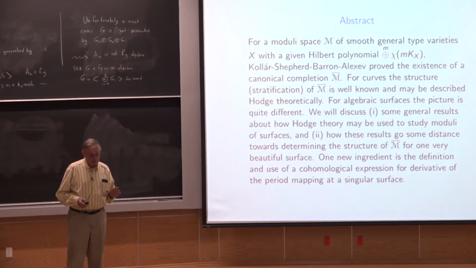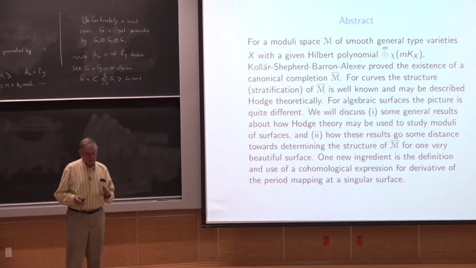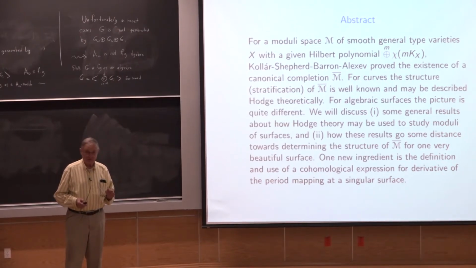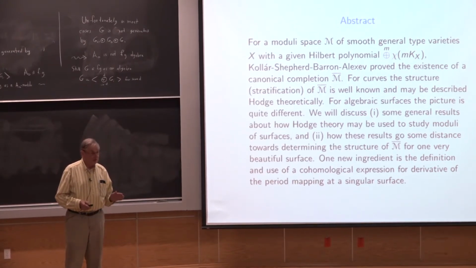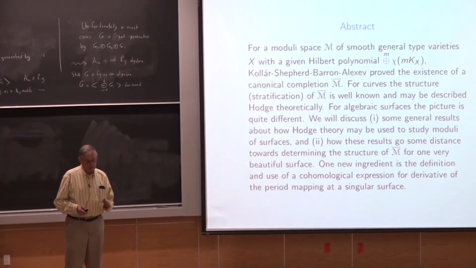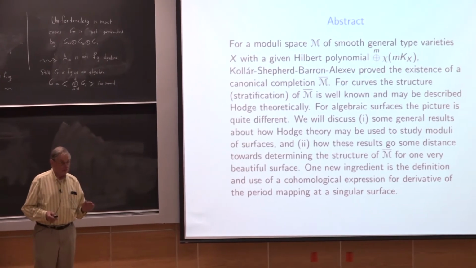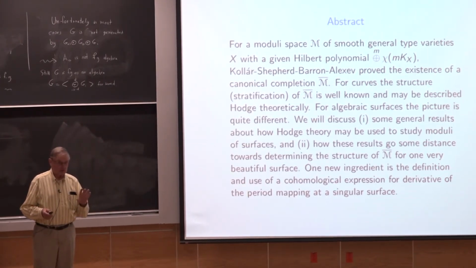And so what this talk will be about is really the beginnings of how one might use some aspects of Hodge theory to study moduli of algebraic surfaces and to illustrate how for one particular algebraic surface, sort of the analog of algebraic curves of genus 2, the first ones you come to after genus 0, the Riemann sphere, and genus 1, elliptic curves.